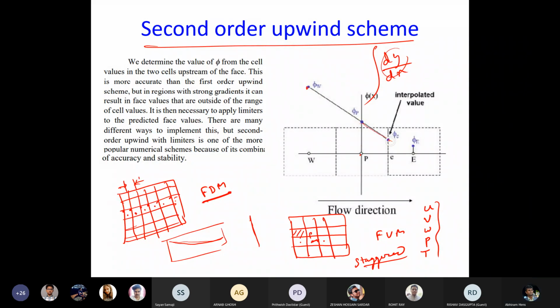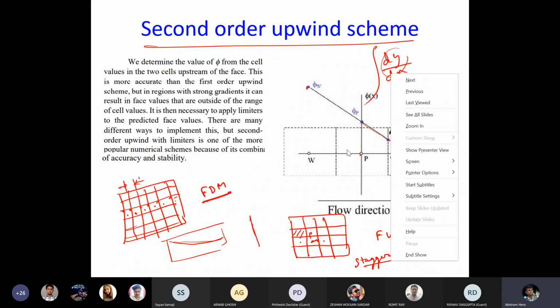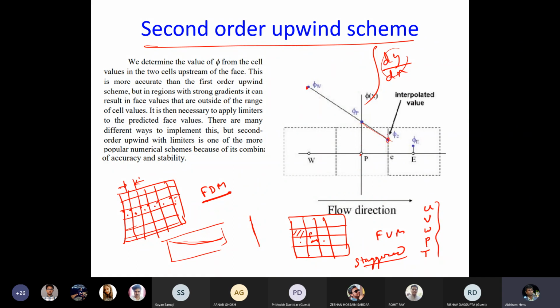So this is a little bit of a development over the first order upwind scheme. For solving the mathematical equations you need to know the values; if you have only discrete values, then you cannot do the integration. Clear? Yes, sir. Okay, so this is second order.